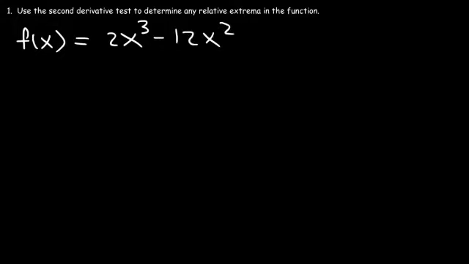Let's work on an example problem. Let's say that f of x is 2x cubed minus 12x squared. So let's determine the first derivative so we can identify any critical numbers.